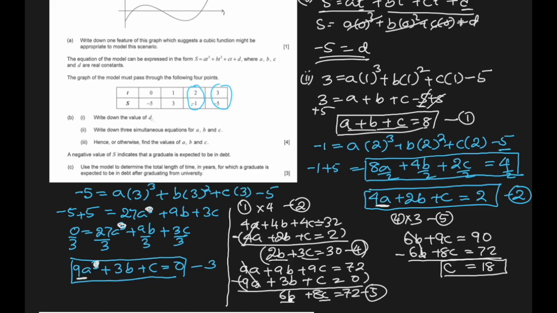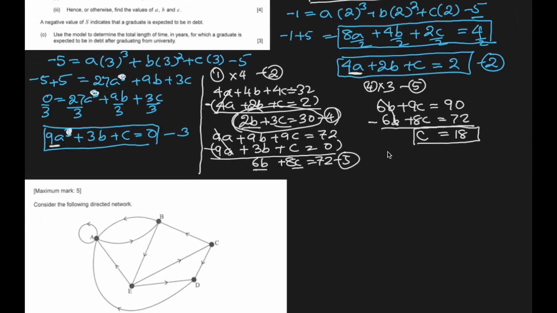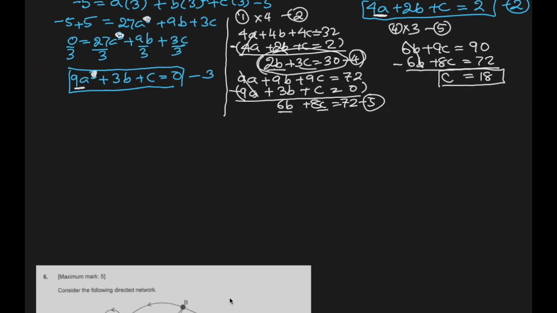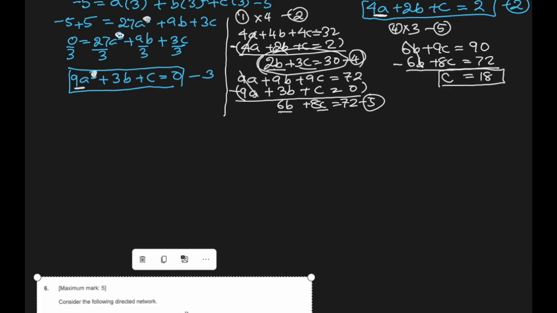Now let's use equation number 4 to get b. I'll need some space for this. Go down. Okay, so our equation number 4 was how much? 2b plus 3c equal to 30. This is equation number 4.